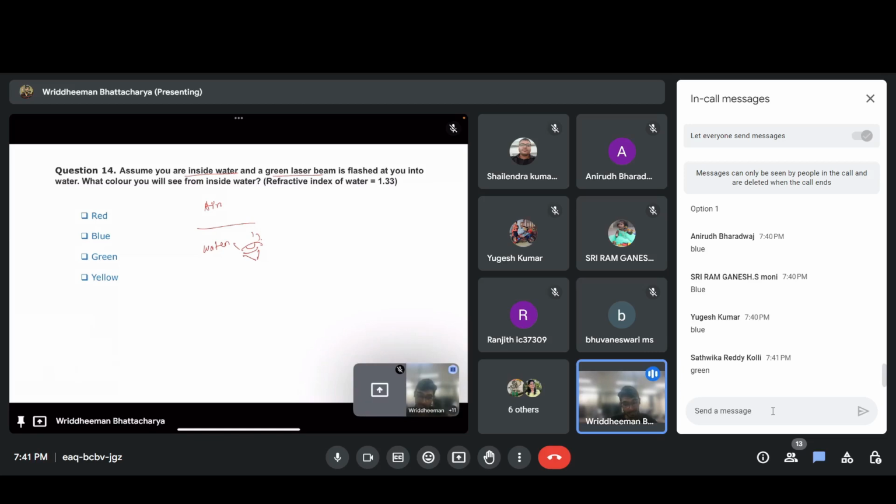So can you just write it down short in the chat box? Why will it be green? Or unmute, whatever is comfortable to you.